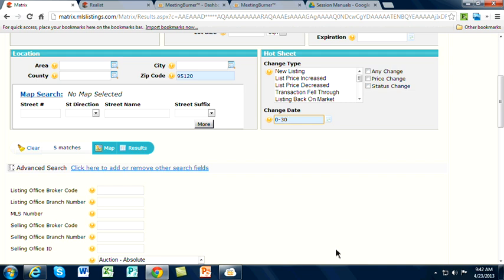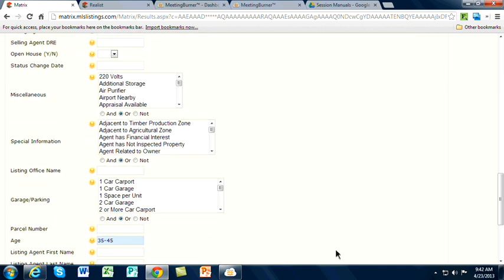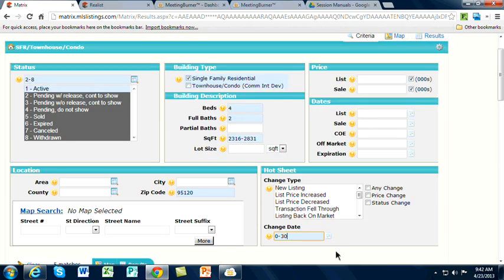So in the entire zip code of 95120, in the last 30 days, there have been 5 sales of homes within that relative price range and within that relative square footage. All right, notice I left the actives off because I was going to add those in later. We have to append the search, because the idea is to let it tell me.